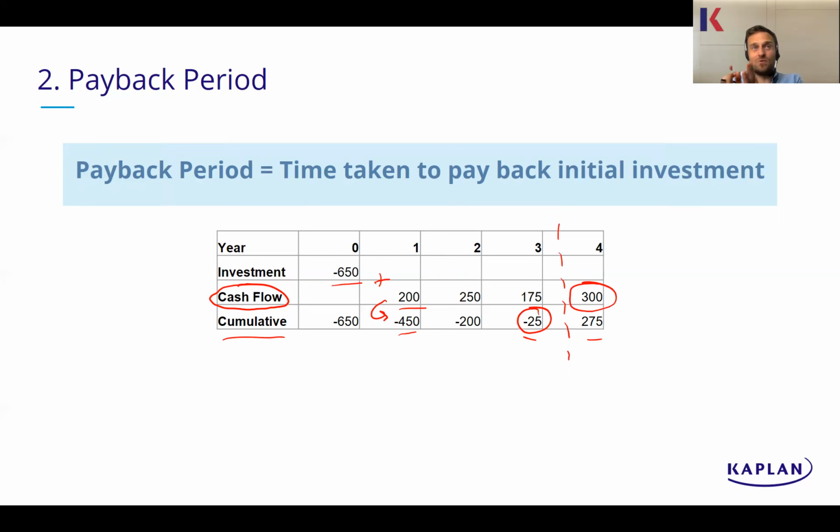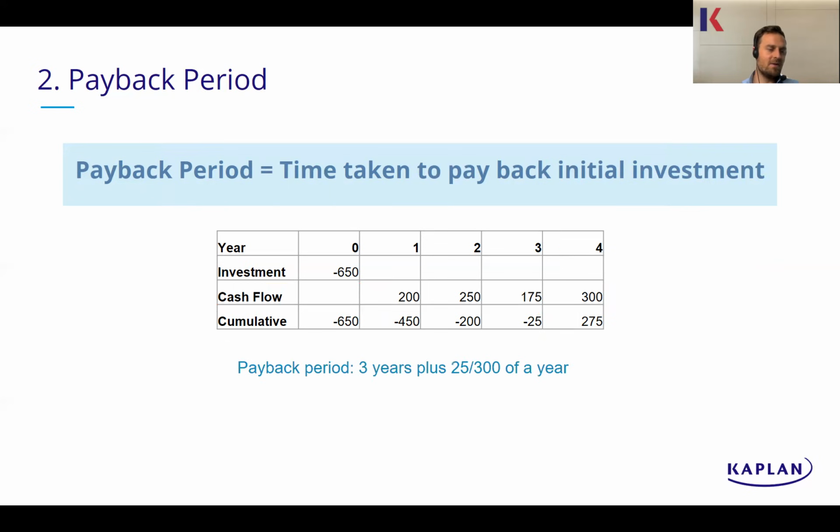So we only need 25 more to get back to 0. So what you could say is throughout year 4, we only need to go 25 over 300 of the way through the year to get back to 0. So that's a very small amount. So we're going to say the payback period will be 3 years plus 25 over 300 of a year.